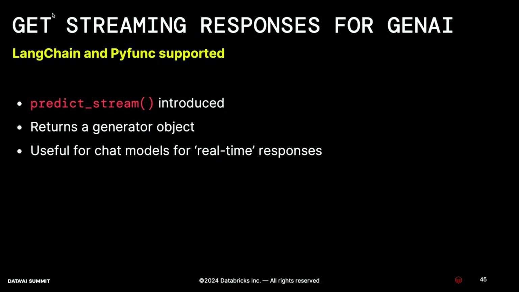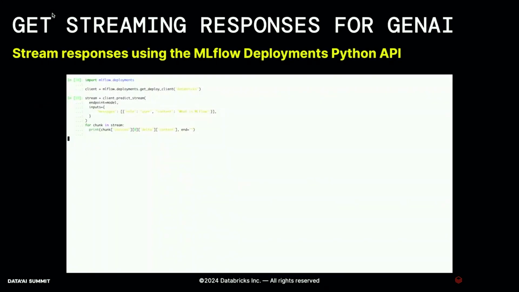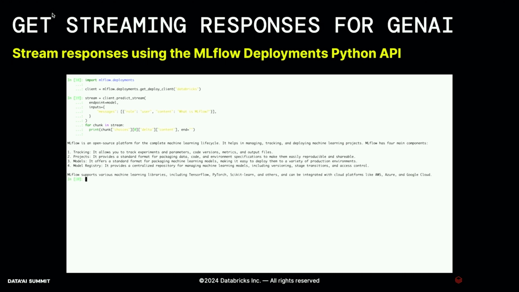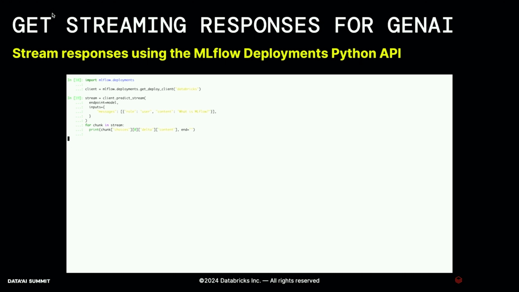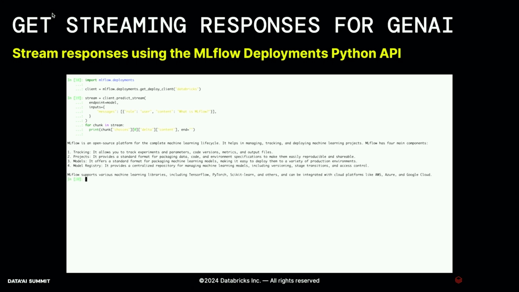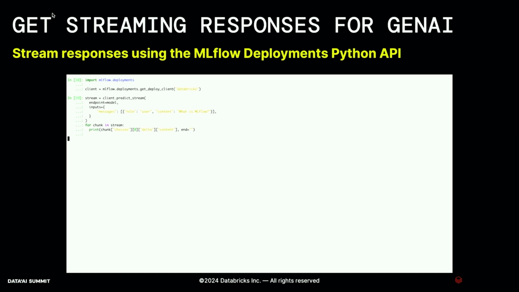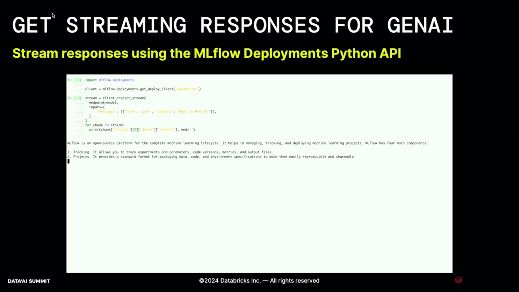And now with Predict Stream, we can actually yield a generator. And that generator can be consumed on your endpoint to be able to print in real time. That's kind of what this is showing, where each of these lines are coming out as the GenAI model is responding to the initial input. So you can get it to kind of feel like a chat model or chat application.